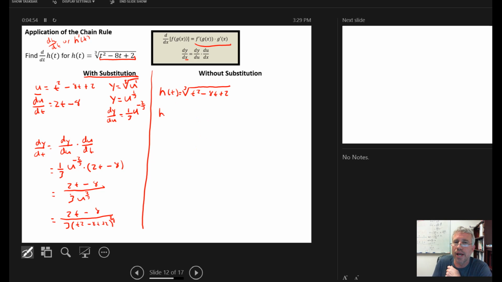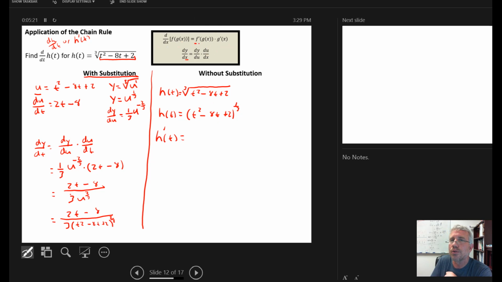And then I could rewrite the radical form using a rational exponent. So I can rewrite this as t squared minus 8t plus 2 to the 1/3 power. And then I could work on taking the derivative. And in this case, I want to recognize that the 1/3 power is the outer function, and the t squared minus 8t plus 2 is the inner function.